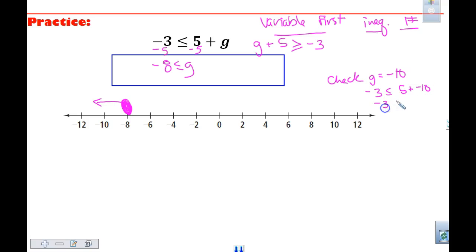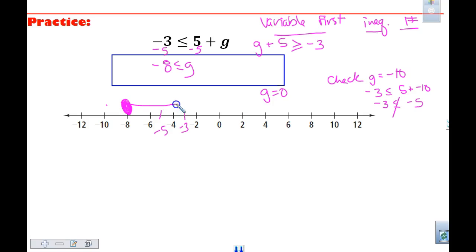That means -3 is less or equal to -5. -3 is right here, -5 is over here. -3 is never going to be less than -5. This is a false statement. By doing just a real quick mental check right away, I can see I can't put it this way. But if I plug in 0, you agree that -3 is greater or equal to 5, right? That makes it true. When I check g equals 0, it makes it true.